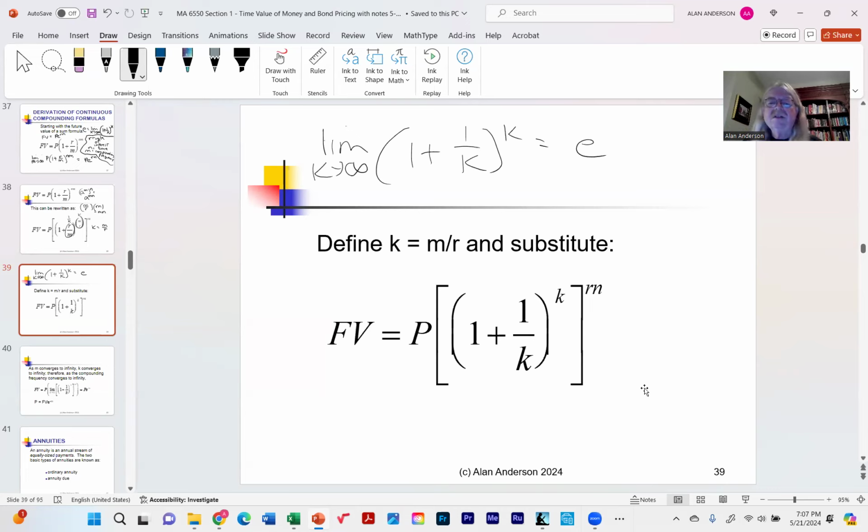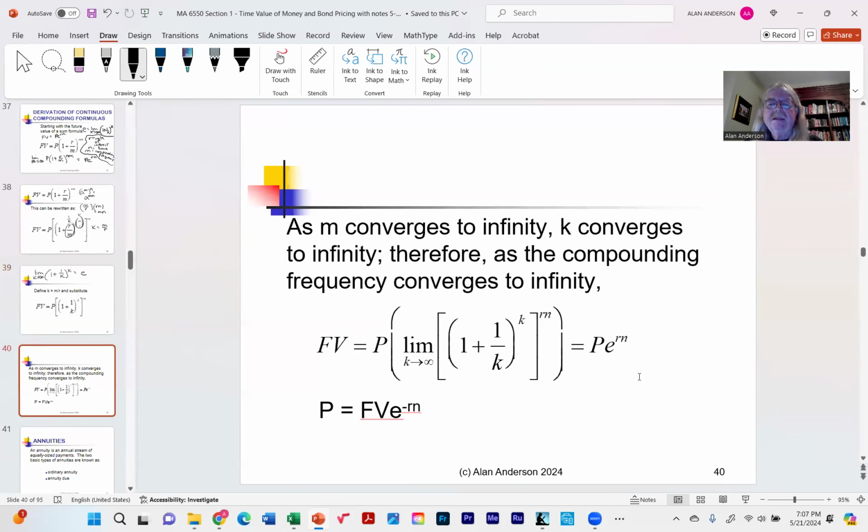So by doing it this way, we take the limit, and this reduces to e. The exponent doesn't change. So we end up with Pe to the Rn. And of course, that implies algebraically that P, the present value, equals FV times e to the minus Rn power.